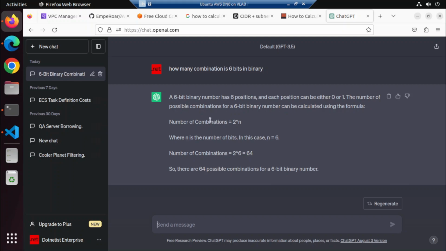The number of possible combinations for a 6-bit binary number can be calculated using the formula: number of combinations equals 2 to the power of n. Is this the to the power of n? What is this called?